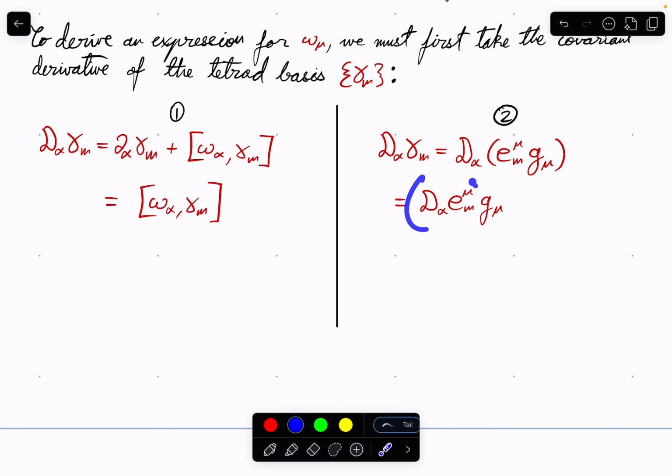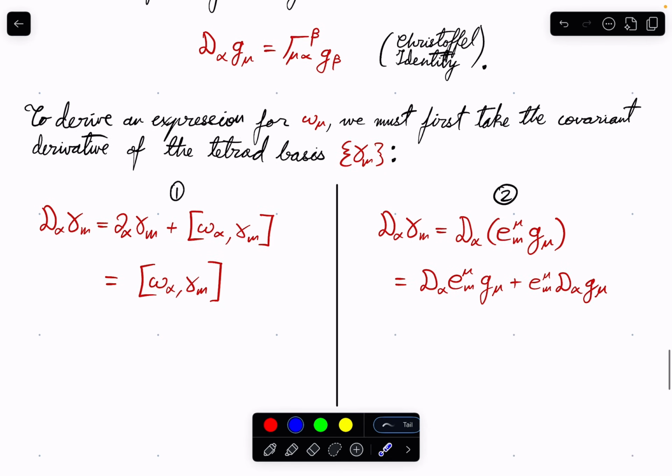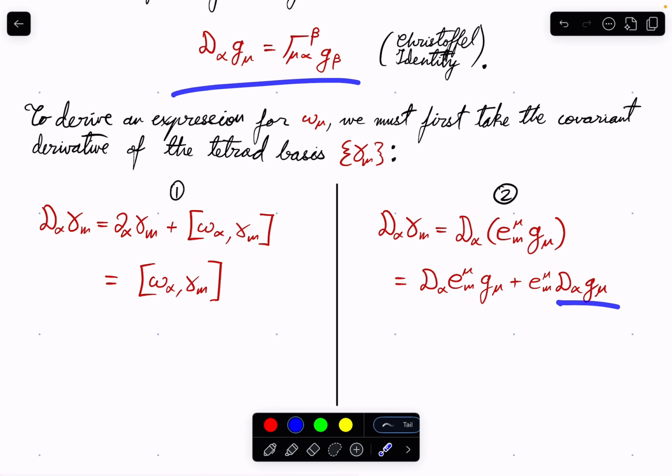So in this convention, it's only operating on exactly what is to its right. And then plus the vierbein, I think I'm pronouncing that wrong, and then times gamma m. So we can already see that the Christoffel identity is going to be used here.